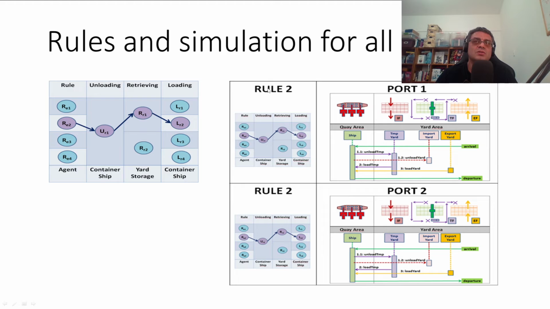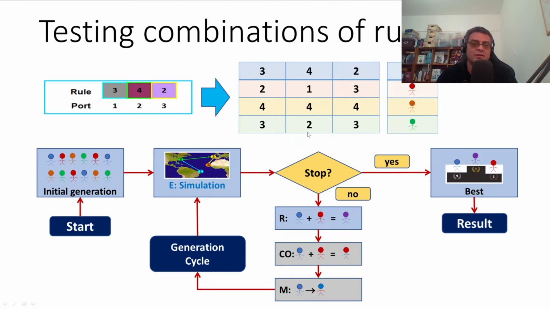This combination of rules in each port can be very big, and if you have to make decisions in series, you have even more combinations. So it is a very good idea to apply a genetic algorithm that uses this information about which combination of rules should be applied in each port. The evaluation is done by the simulator we made in previous tracks.